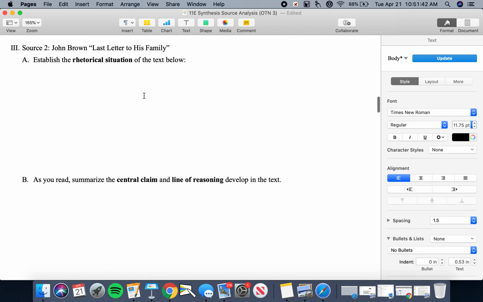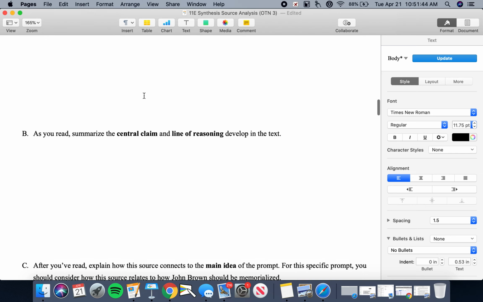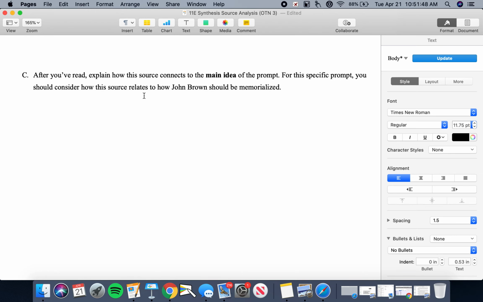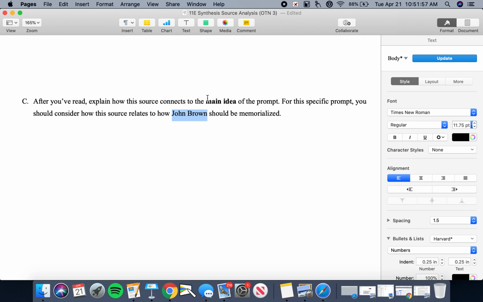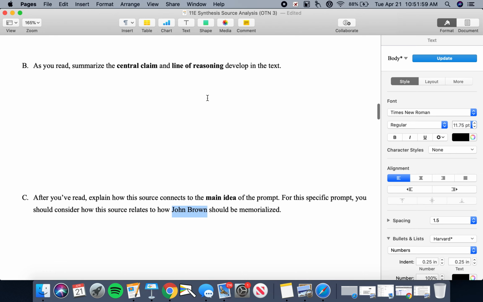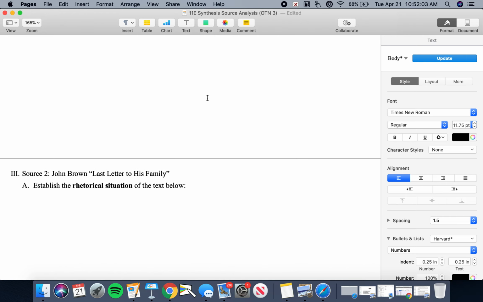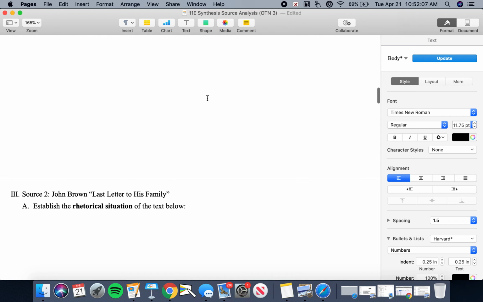So, in other words, how is that source going to be related to our prompt? Well, it gives us a portrait of the kind of man and the values that John Brown had. All right, and you can hold those values up against the criteria that you establish independently of what an American hero would be like, and then draw a rational conclusion.